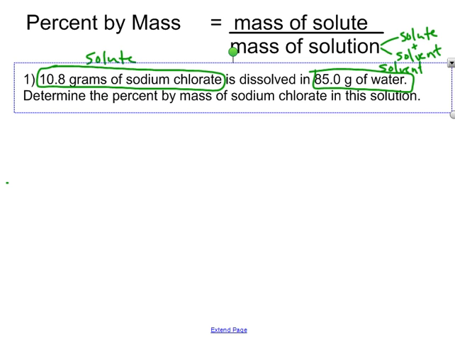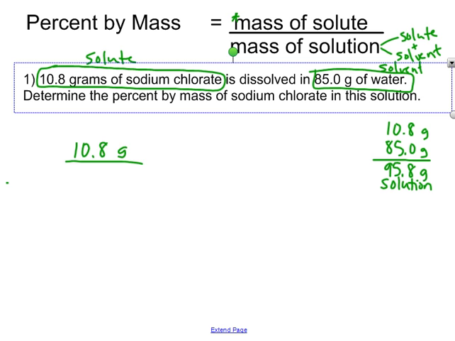And so if you take a look at the mass of the solute being 10.8 grams and the solvent being 85.0 grams, adding that up together, you get 95.8 grams, and that is the mass of the solution. So that's what's going to go into our denominator. So the mass of the solute, 10.8 grams, divided by the mass of the solution, which we've just determined to be 95.8 grams.